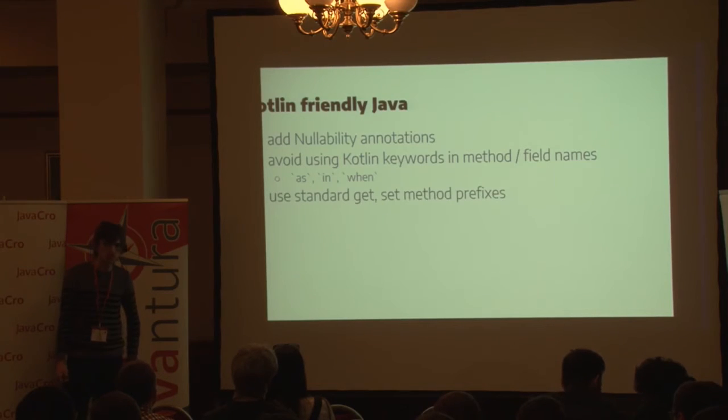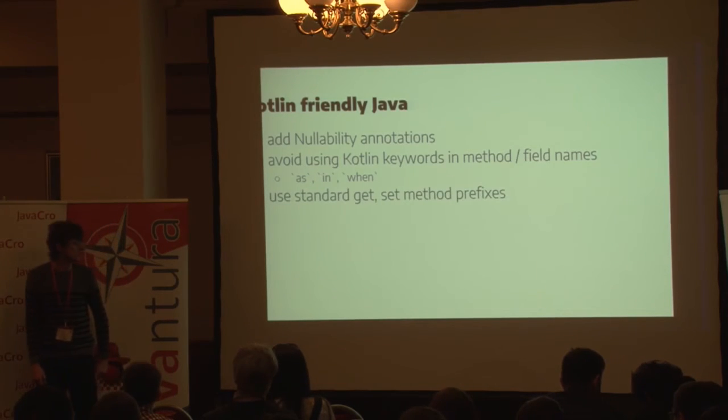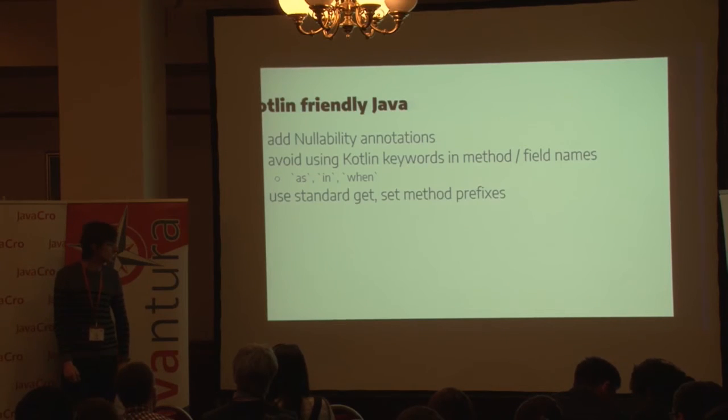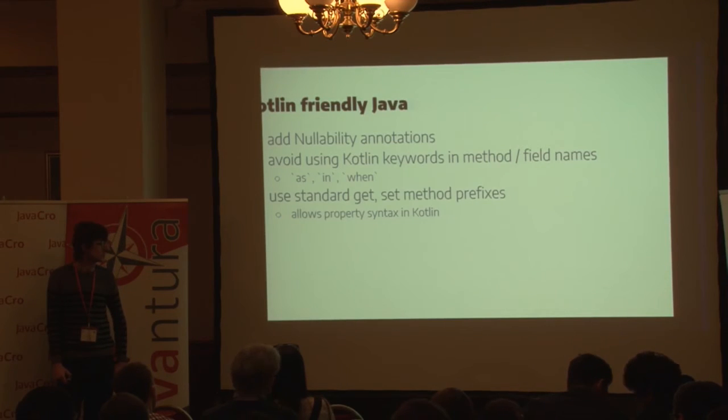And then since Kotlin has properties and Java doesn't, Kotlin will try to allow us to use property syntax wherever possible.